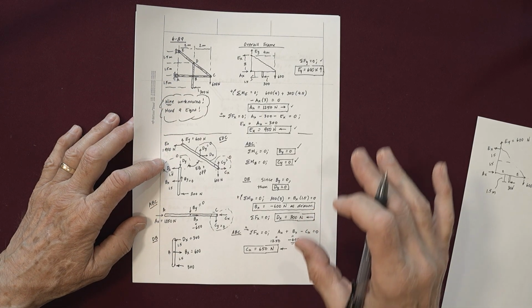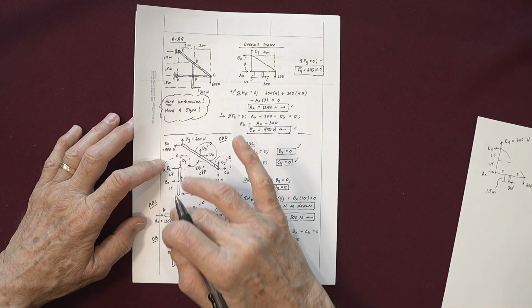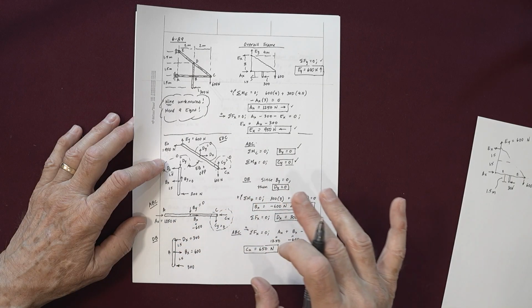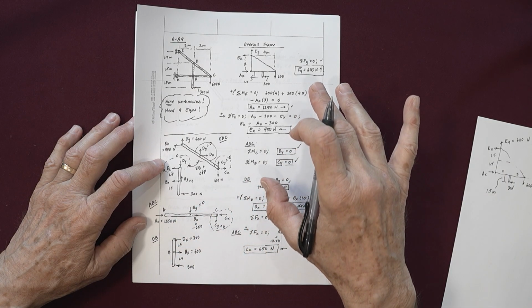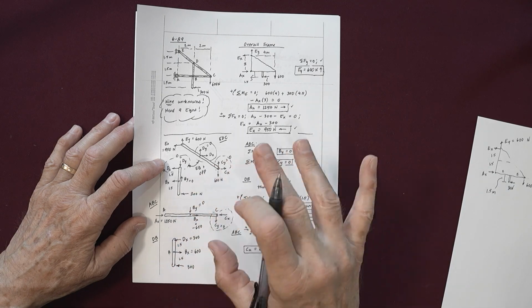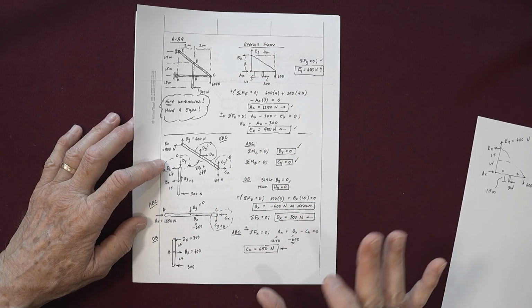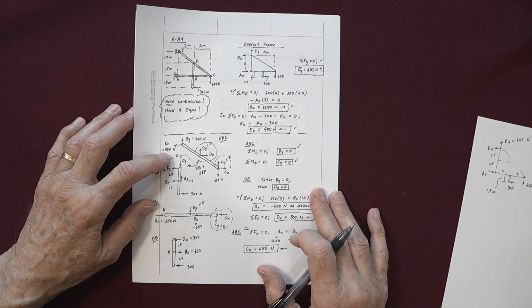You draw the overall free body, you draw the free body diagram of each piece, and then you just start assembling. You can get some unknowns from one piece, some unknowns from another piece, and then just start piecing it together until you have everything.